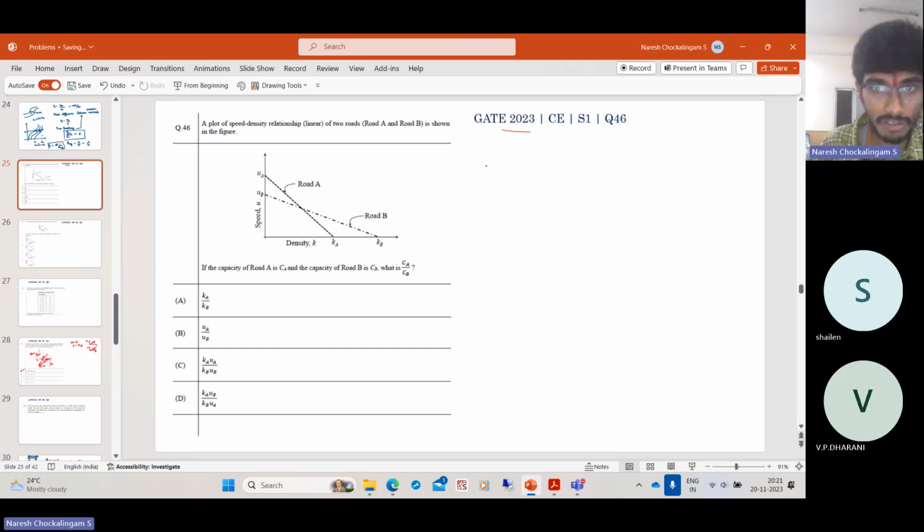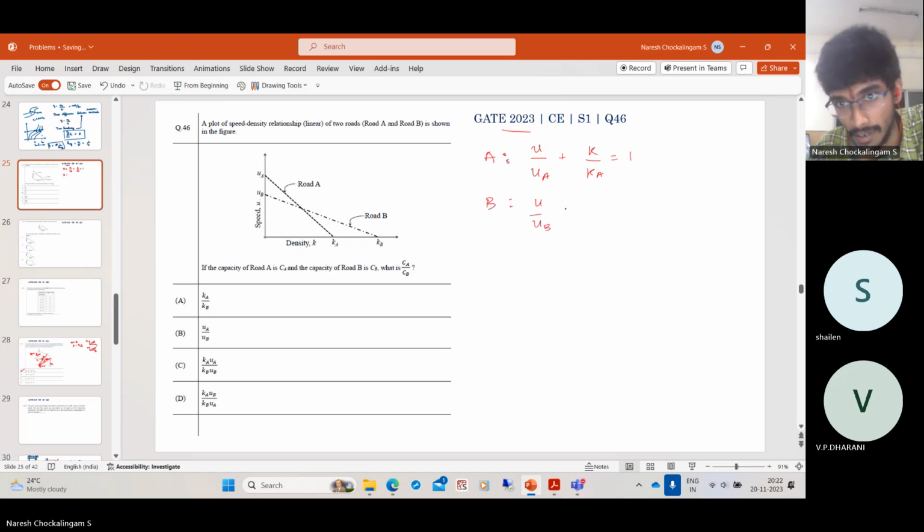What is the equation of these two straight lines? For road A, what is the equation of the straight line? These are the intercepts, right? So x by a plus y by b equals 1. So u by ua plus k by ka is equal to 1. And for B, it is u by ub plus k by kb is equal to 1.